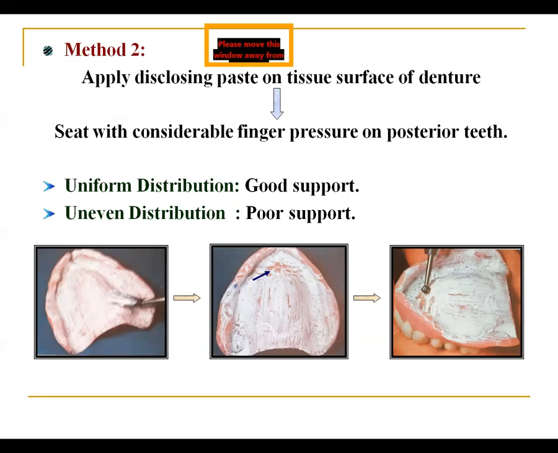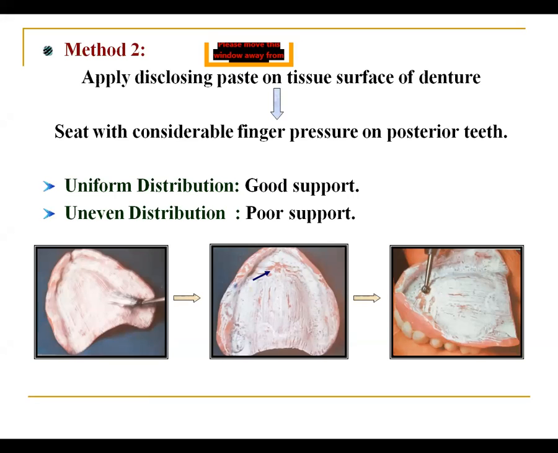Second method, just apply your disclosing paste. We have already discussed the use of disclosing paste. This is the paste we apply on the internal impression surface of the denture. We insert the denture in the patient's mouth and apply even pressure. Then remove the denture and evaluate the internal surface.